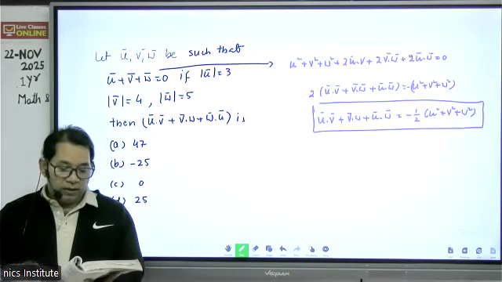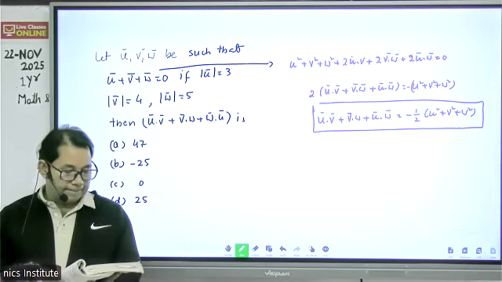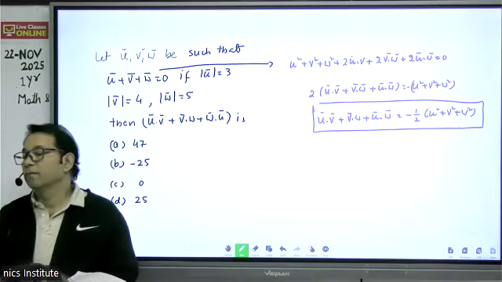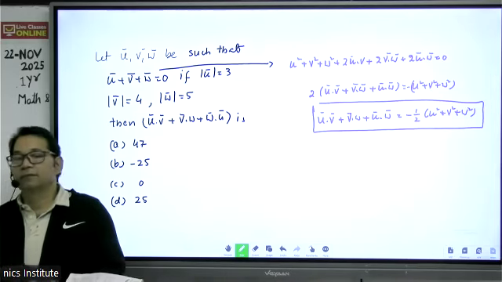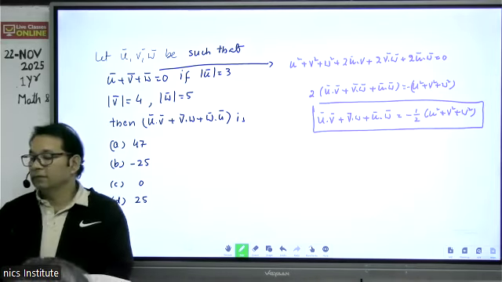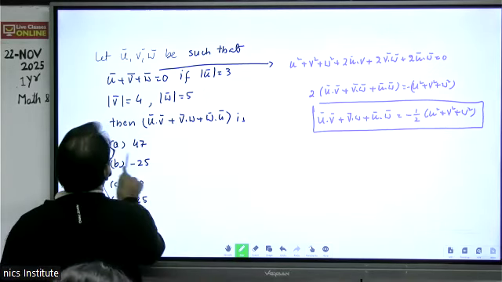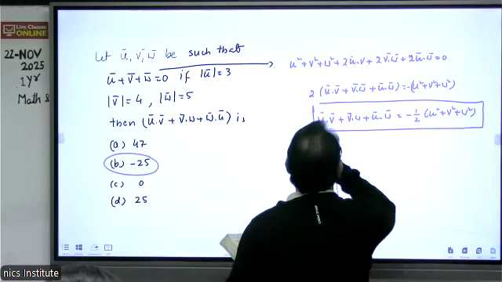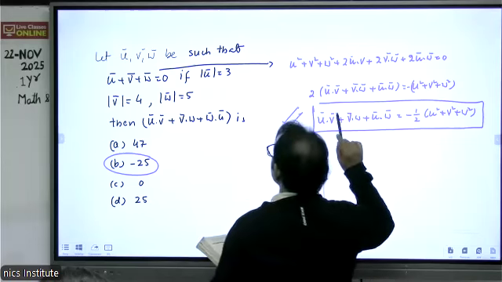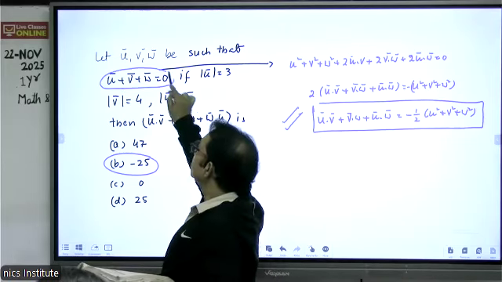Only one negative option is there, that is the answer. कुछ नहीं करना है। ये आ रहा है, ये रिजल्ट याद कर लेना। But this result would be there only if u plus v plus w is 0.